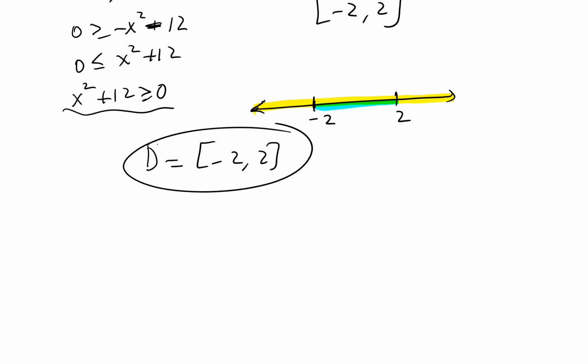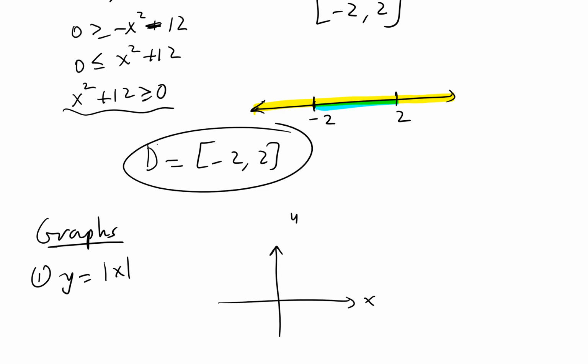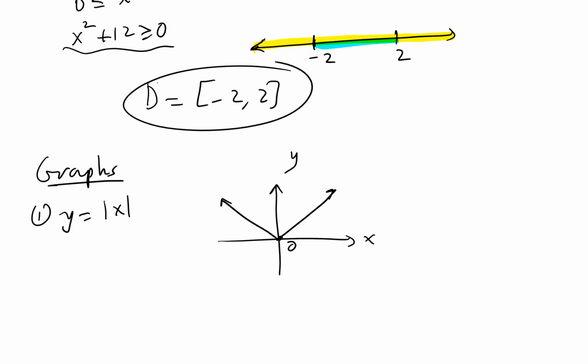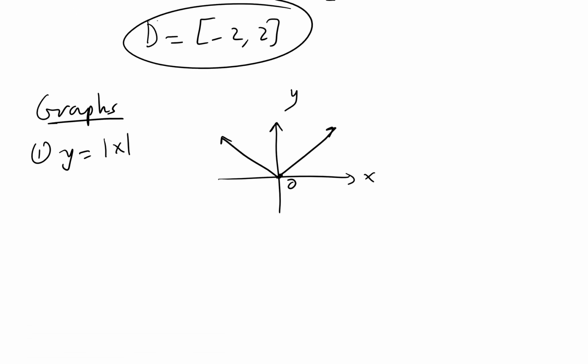Now we can review some graphs. Let's talk about the absolute value of x. Everyone should know how this looks without a calculator. It goes like a V shape. And this can be used to graph, let's say, y equals absolute value of x minus 2, or y equals absolute value of x plus 3.